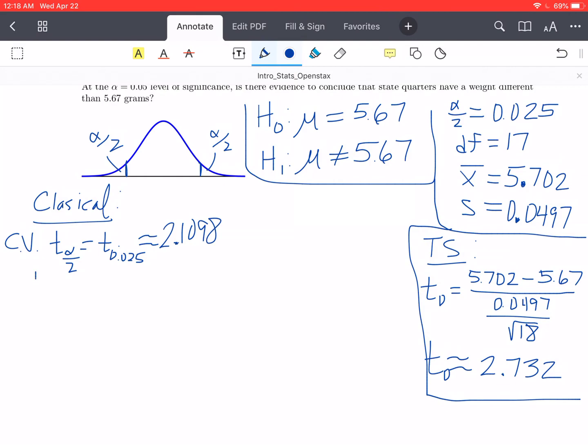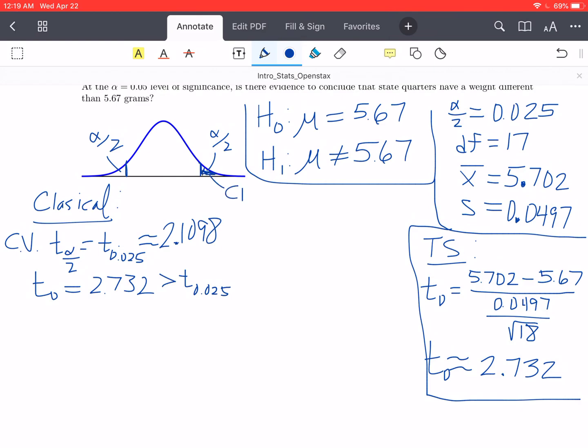We already found the test statistic, t naught, which is 2.732. And we see that this is clearly greater than the t sub alpha over 2 value. It's greater than our critical value. So that means it is up here in the critical region.